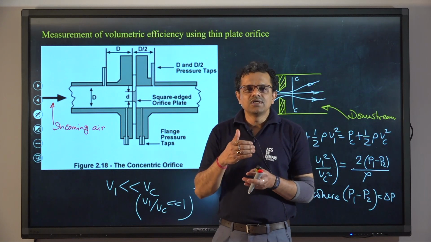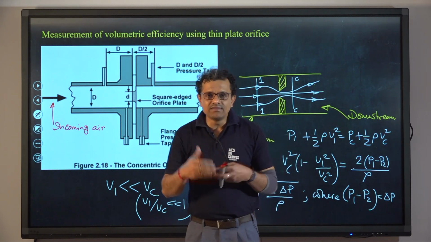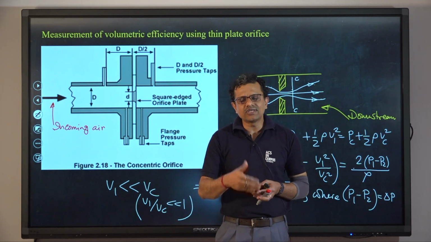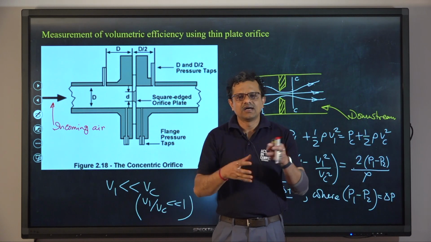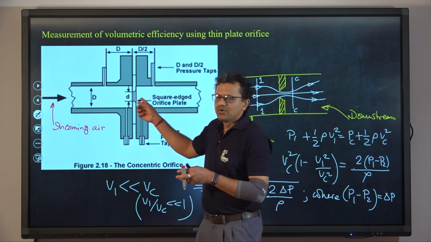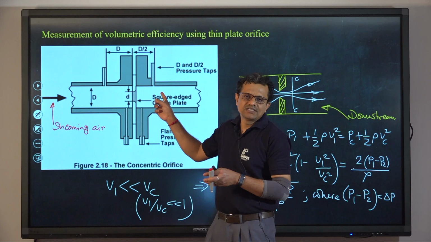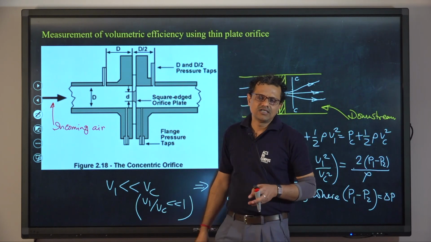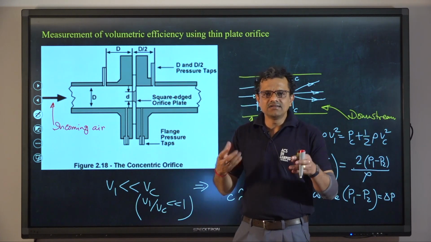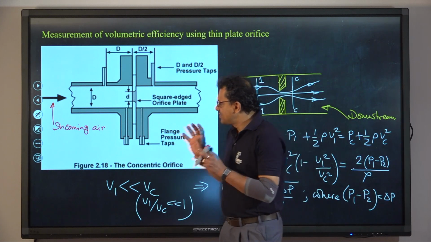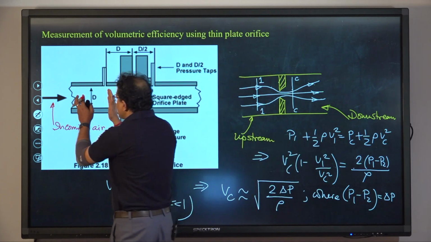So if we need to eliminate or minimize the unsteadiness associated with the airflow, which is very much pertinent to this engine system, we have to have a large tank upstream.